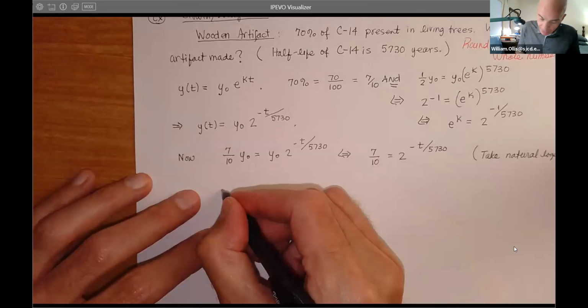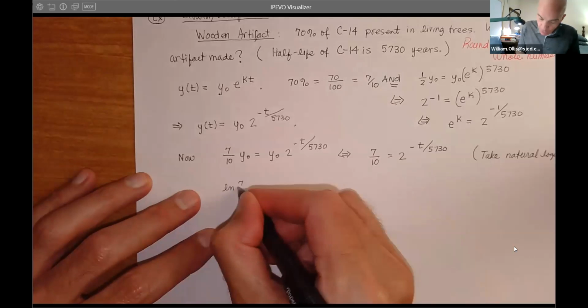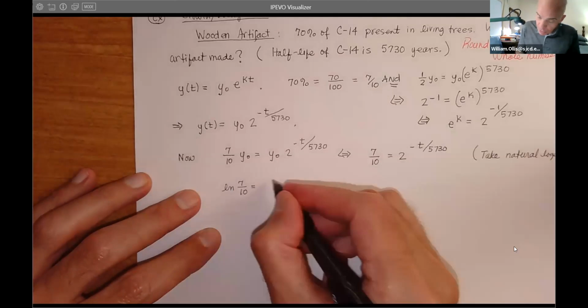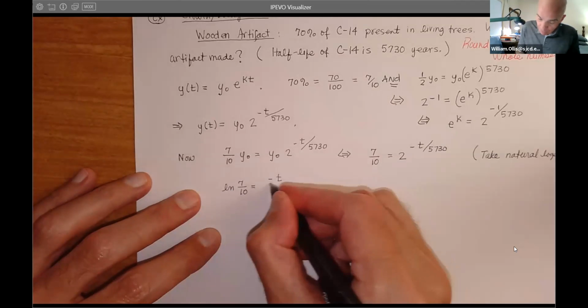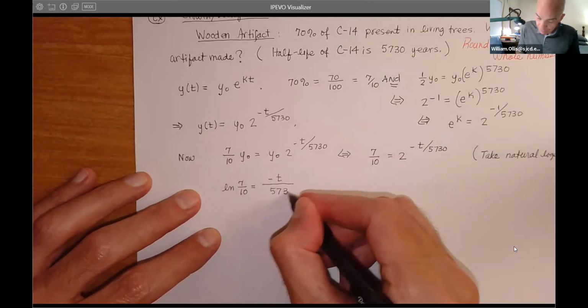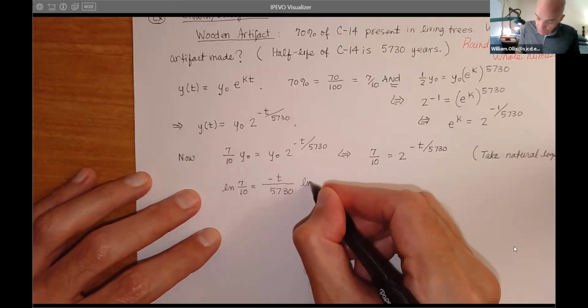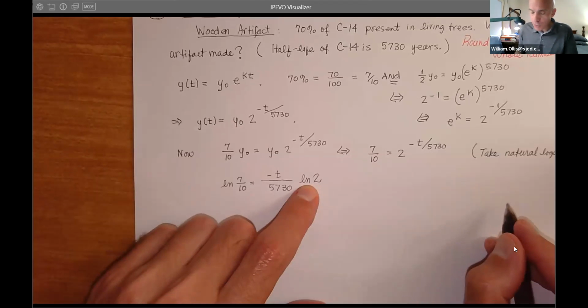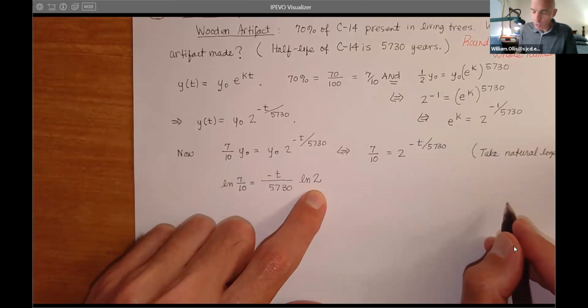So we have ln of 7 over 10, and now take the logarithm and the power rule, so that gives us negative t over 5,730 times log 2. So again, the natural log just makes our computation a little bit easier.